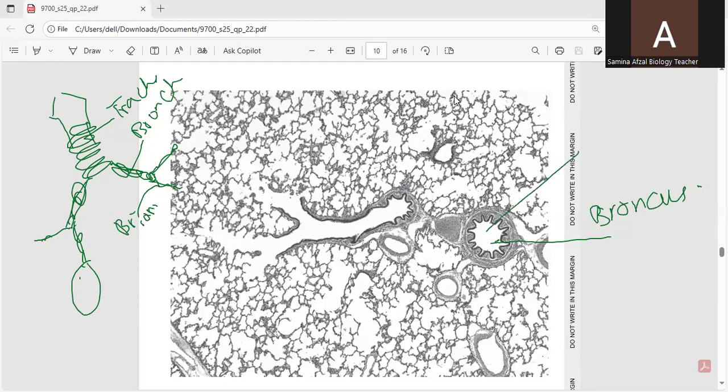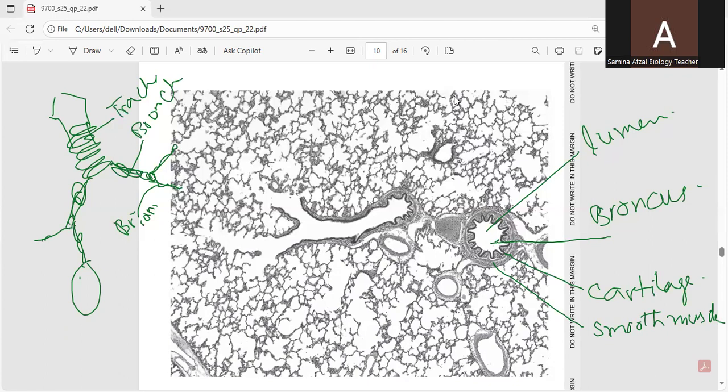You can see cartilage is also there, and smooth muscles. With the help of these, we can identify it by its large diameter and lumen.